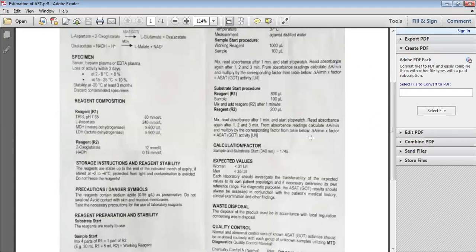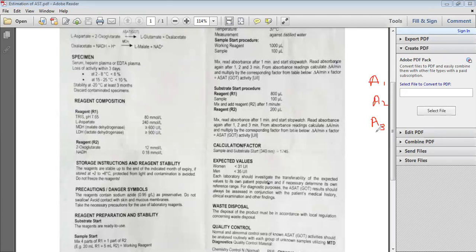So first of all, when you have taken the three readings at 340 nanometer, after 1 minute of mixing the reagent, then after 2 minutes, and then after 3 minutes, you will take the three absorbances, and now you will find the delta A. Right here you have three absorbances: absorbance A1, absorbance A2 after 2 minutes, and absorbance A3 after 3 minutes.